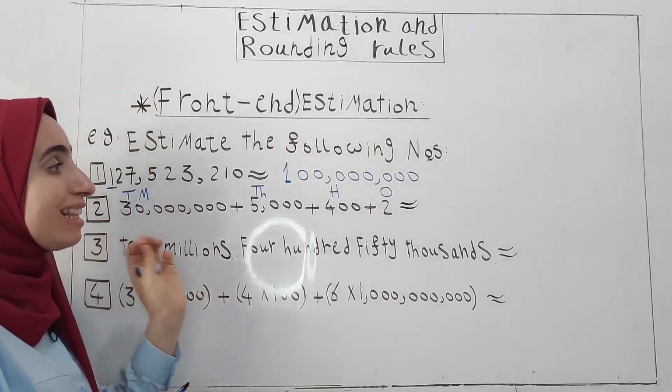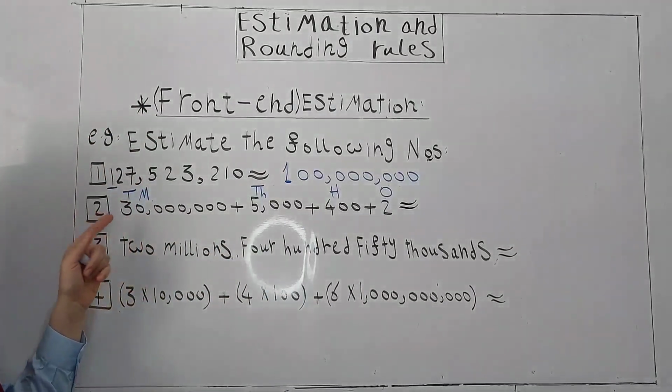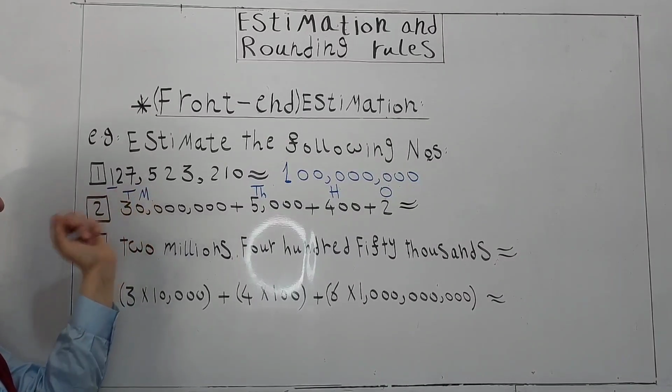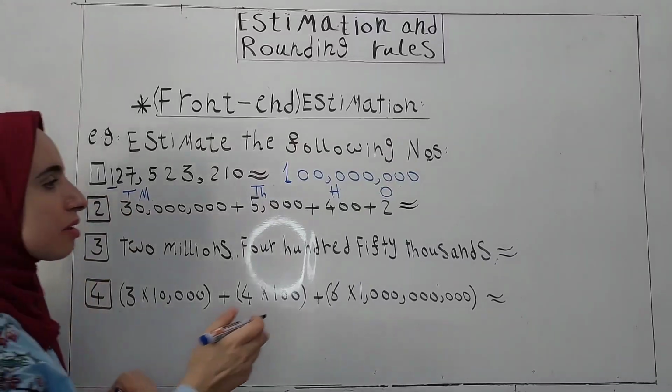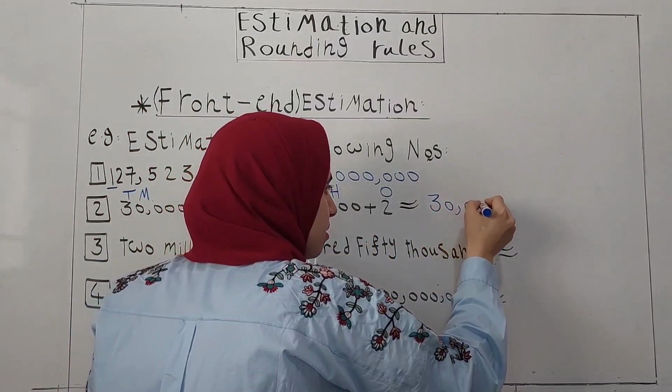We search for the digit in the highest place. We found the digit 3 is in the 10 millions place. So this number approximately equals 30 million.